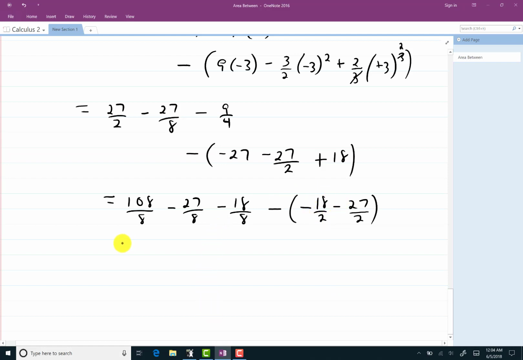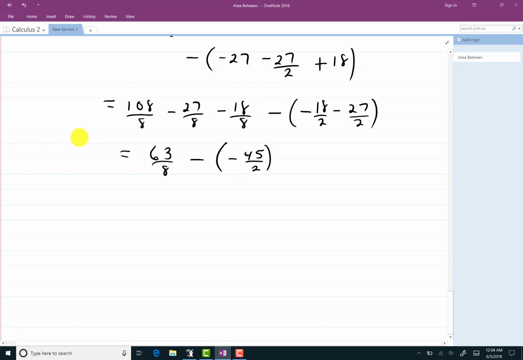Okay, let me simplify a little more. 108 minus 27 is 81. 81 minus 18 is 63, so I'm going to have 63 over 8 minus, and now inside of here, I'm going to have negative 45 over 2. I'll do the same thing as before.